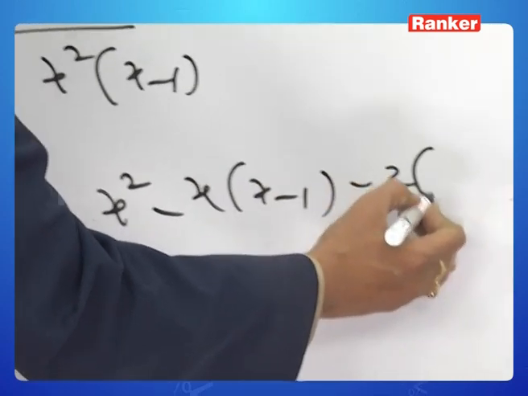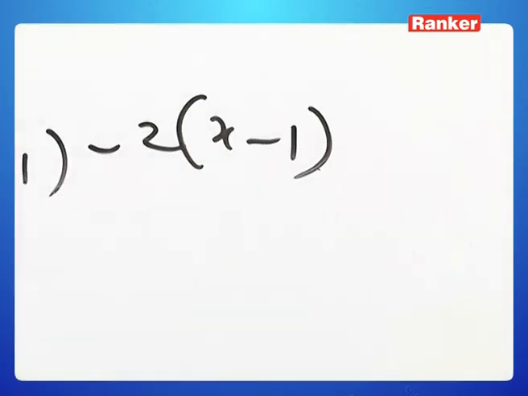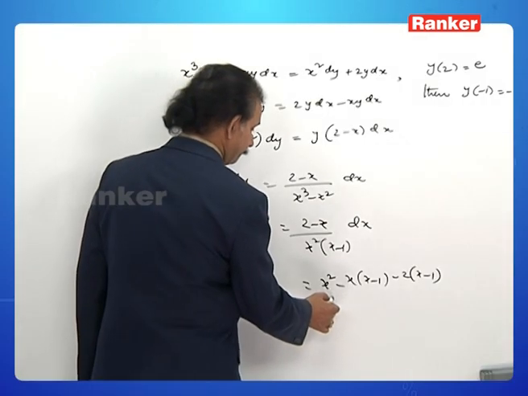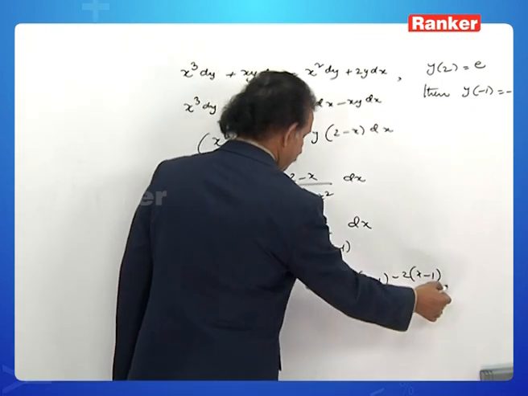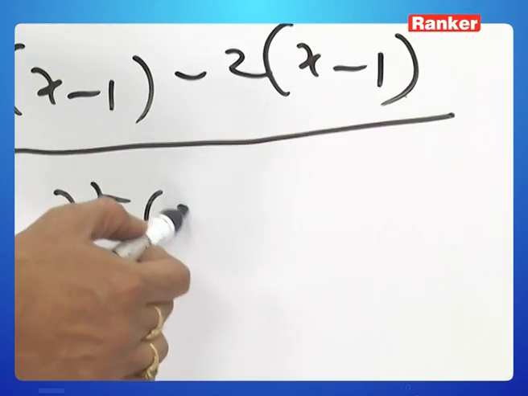Minus 2 into x minus 1 by x square into x minus 1.